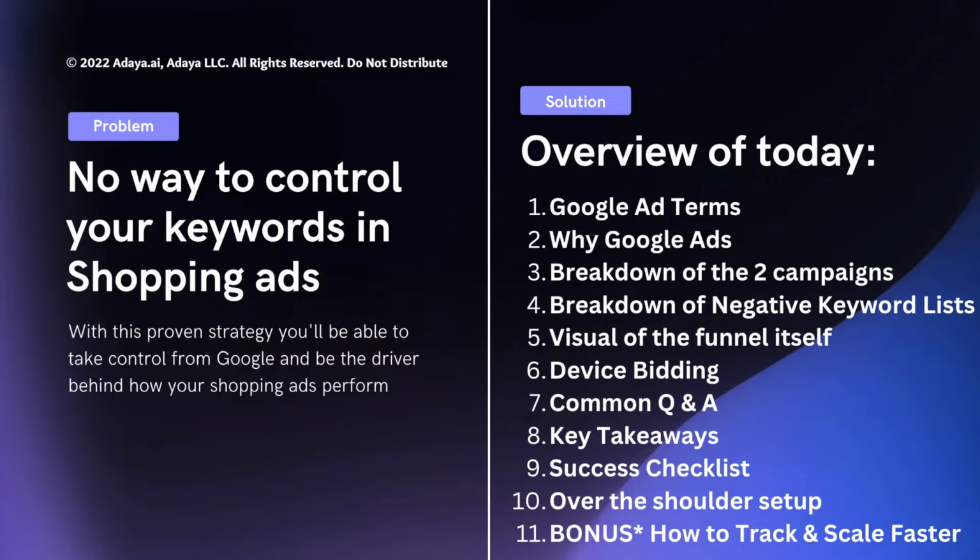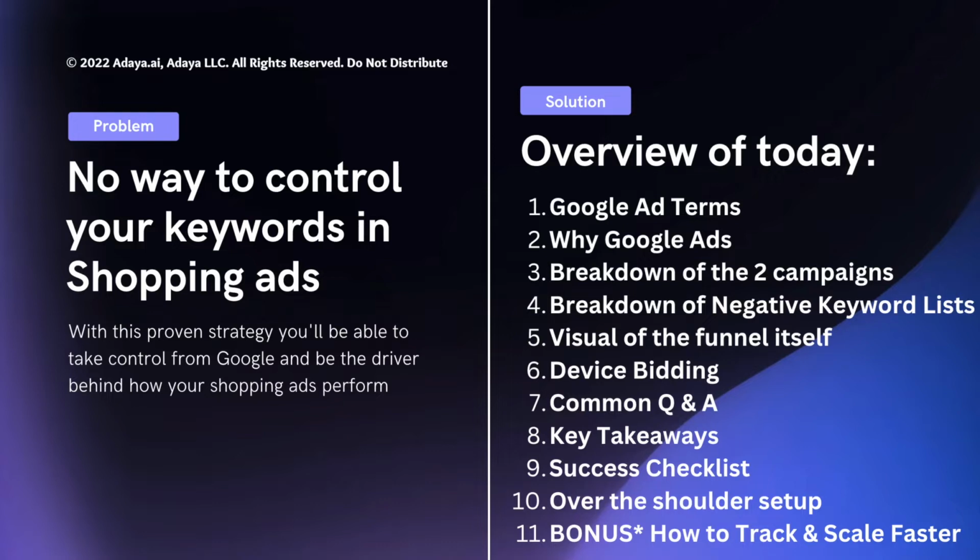It's an 11-step guide. One, we're going to go over the Google Ads terms, why you should be running Google Ads in the first place. We're going to break down the 2 types of campaigns that you will set up later in this tutorial. We're going to break down the negative keyword list and what that means.